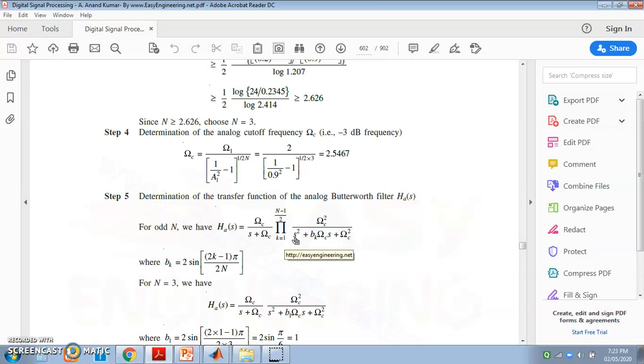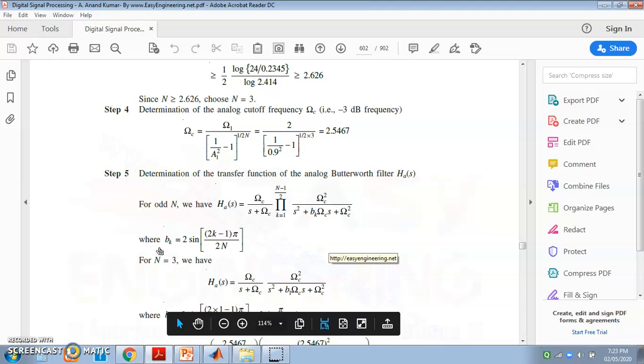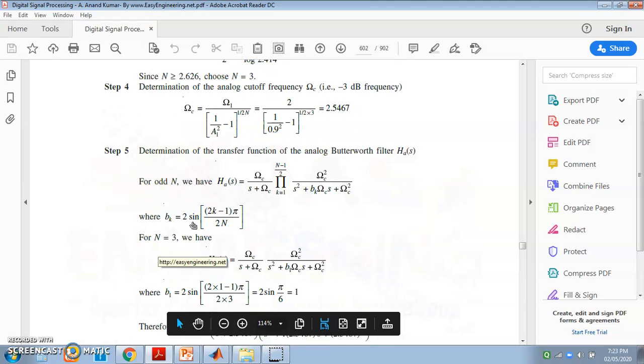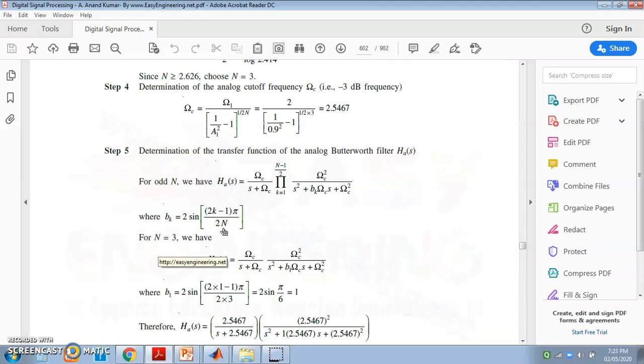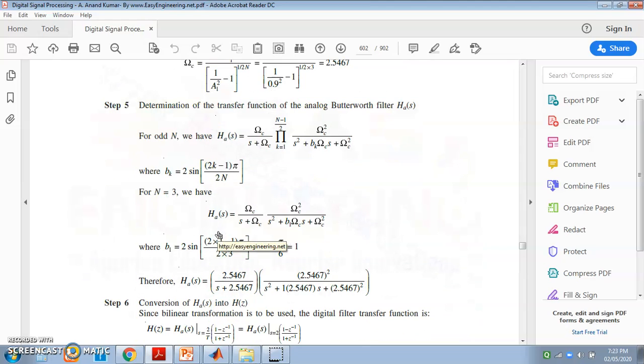S square plus bk into omega c S plus omega c square. So right now our order is 3, so 3 minus 1 divided by 2, that is, we are having only one term of omega c square upon S square plus bk into omega c S plus omega c square, and here the small bk is equal to 2 sine of (2k minus 1) into pi upon 2 into the order of the filter.